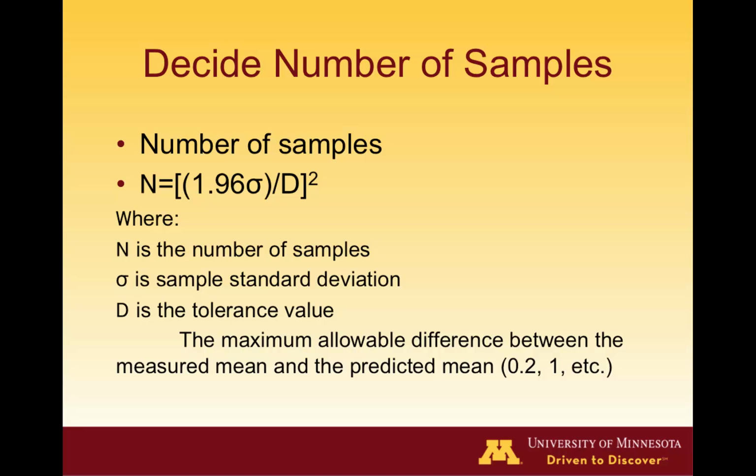N is the number of samples, sigma is the sample standard deviation, which is S, or square root of S squared. D is the tolerance value, the maximum allowable difference between the measured mean and the predicted mean. It can be 0.2 or 1 or 2, etc. That depends on how tolerable you are about the variance.